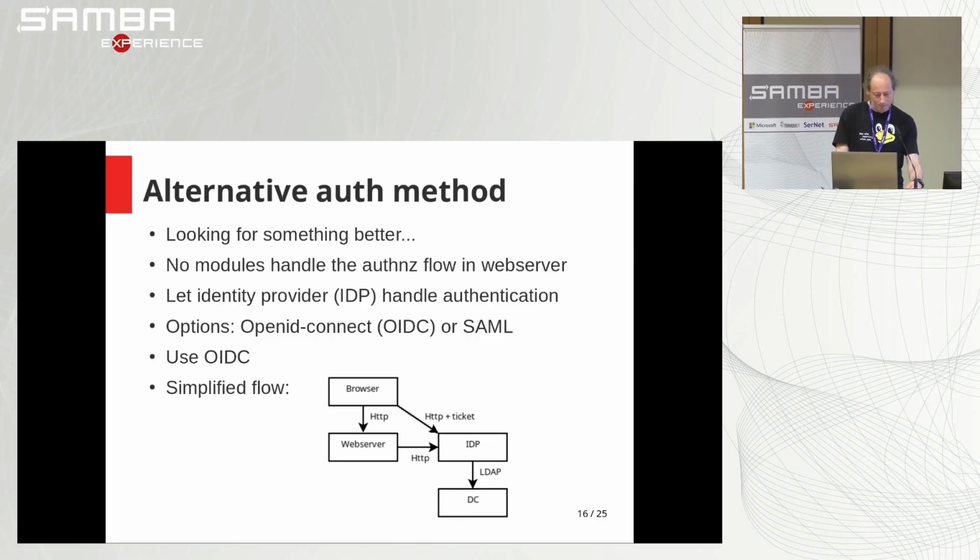So we get another intermediate server here. The browser will go to the web server. The web server will tell it to authenticate at the IDP. It will do its job with the DC in the background, and then redirect you back to the web server, which can then fetch user information directly from the IDP.